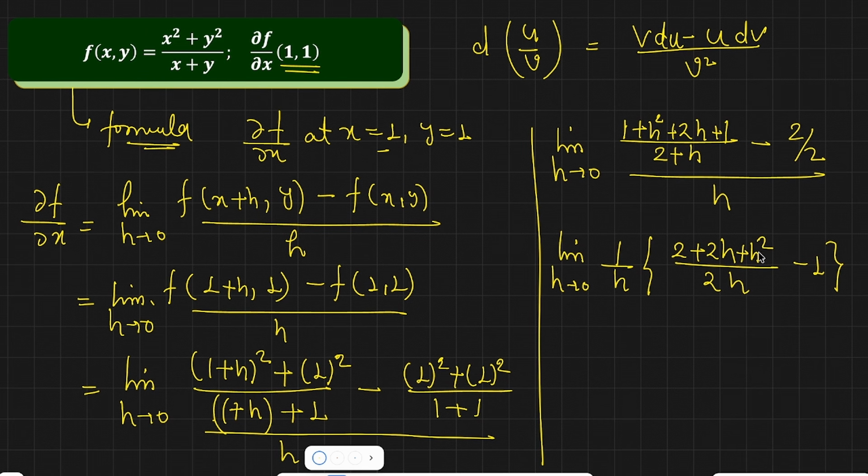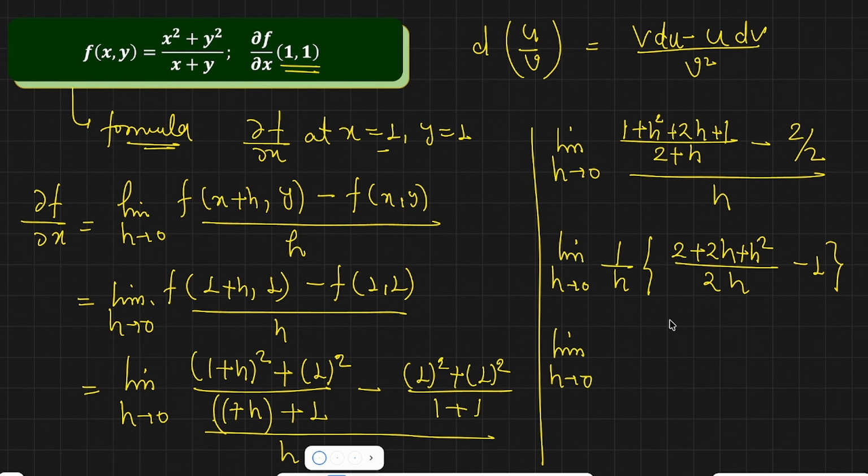Now if I take h common, it will be limit h tending to 0. Now you multiply h here, so 2 plus 2h plus h square, 2h.